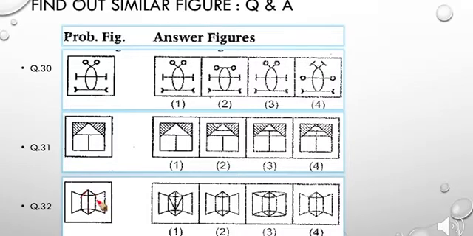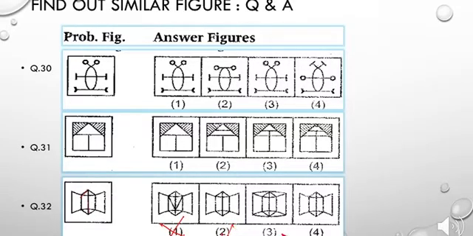So let's check for this design in option 1. In option 1, the outer design is all right, but inside that there should be one straight line that is there, but there are extra 2 lines which are not there in the problem figure, so this can't be the answer. In option 2, yes, this design is exactly similar to the problem figure, so this could be the answer.